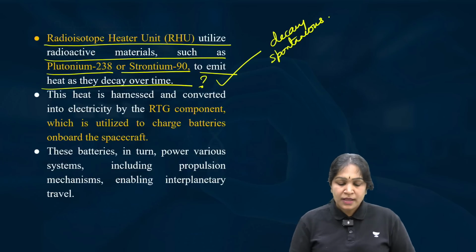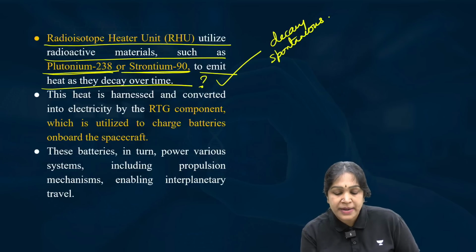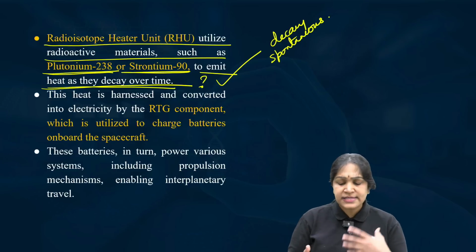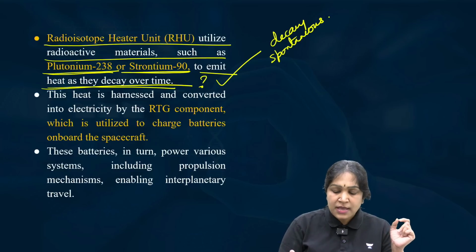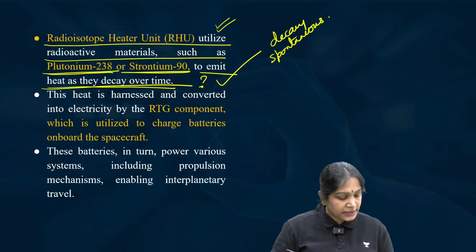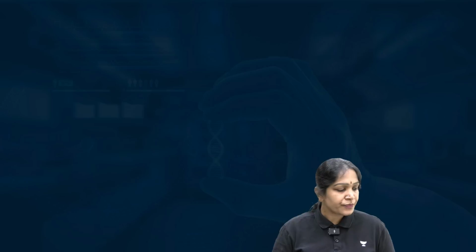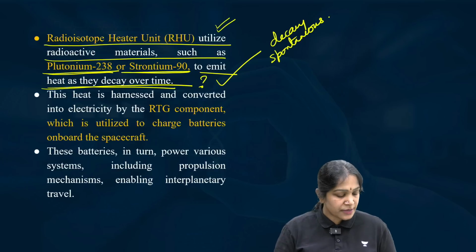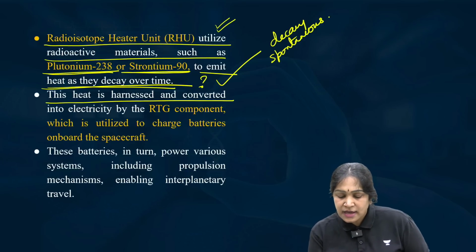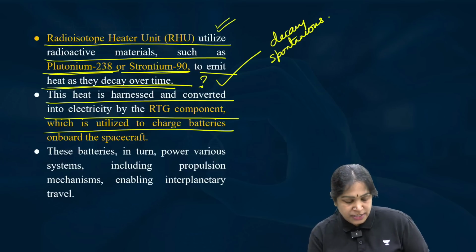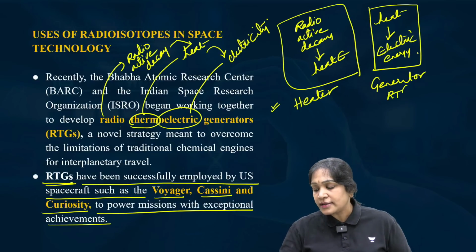So like this, plutonium-238 and strontium-90 will emit heat as they decay over a period of time, and they spontaneously decay emitting the heat. This is what happens in the heater unit. The plutonium or strontium will undergo decay generating the heat. The heat is harnessed and converted to electricity by the generator component, the RTG component.